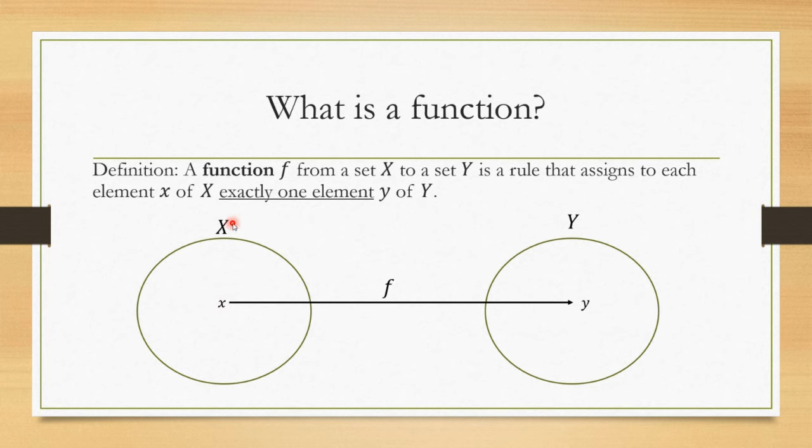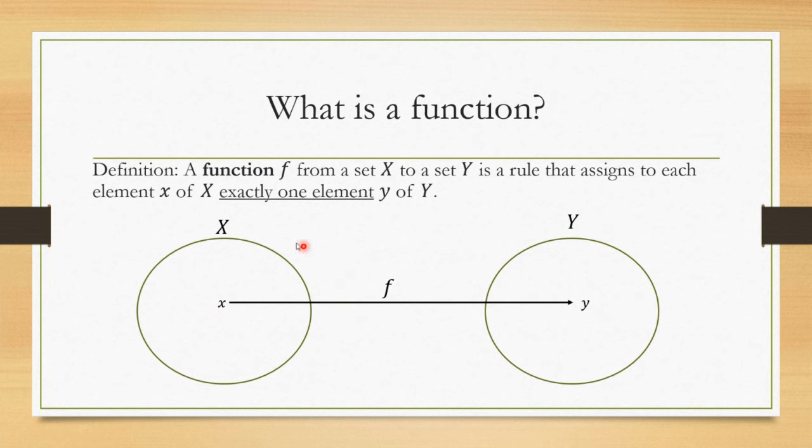Now, you can really have sets of anything. For us, though, X and Y are going to be sets of numbers. And really, the way you define a function is you somehow specify what that rule is. You can use relations, you can use this kind of diagram I have here, which is called a correspondence diagram. I'm denoting what the function does using arrows.